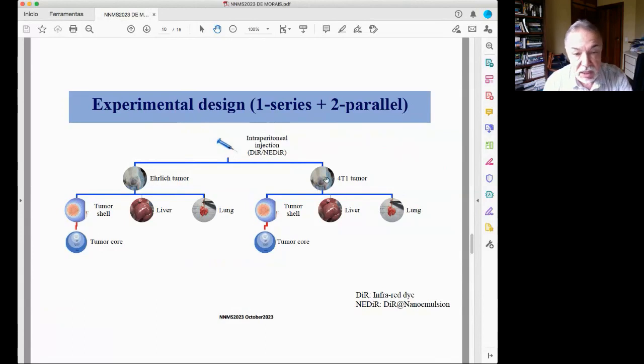And then we analyzed animals bearing different tumors. We were able to find the concentration of the material in the tumor shell and also in the tumor core. At the same time, we analyzed the concentration of the materials, both the free dye molecule and the nanoemulsion of this dye, in the liver and the lung for both kinds of tumors.